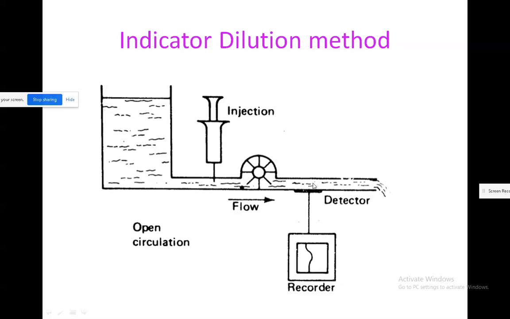After some time you will be detecting the concentration of that diluted indicator using a detector. Using the detector you find out the concentration of indicator level in the blood of the heart. That will be recorded by the recorder. So this is the indicator dilution method.